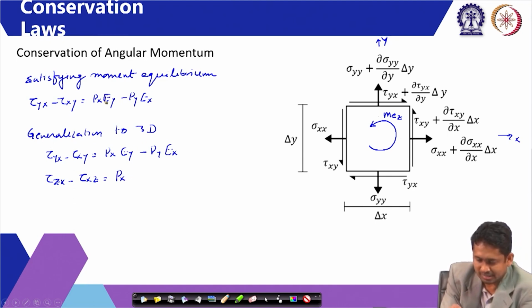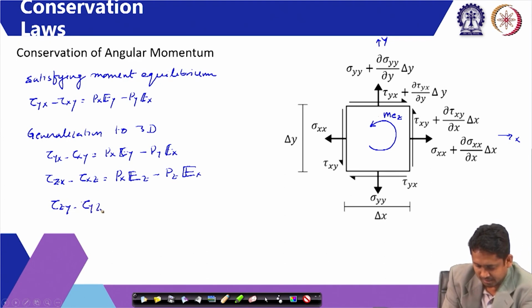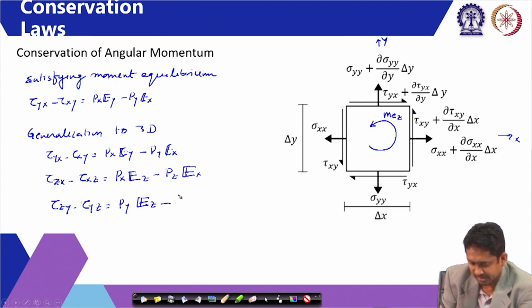Okay, so we have to put E the way we have put E. So, this becomes Px multiplied by Ez minus Pz multiplied by Ex, and then we have tau zy minus tau yz, and that is equal to Py multiplied by Ez minus Pz multiplied by Ey.